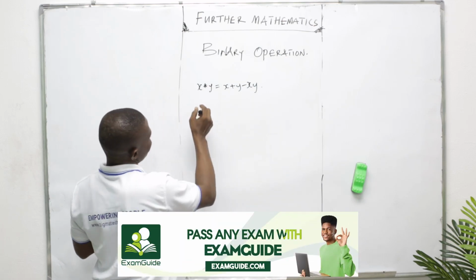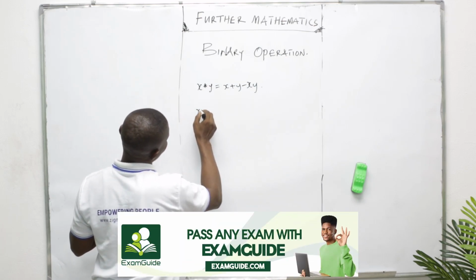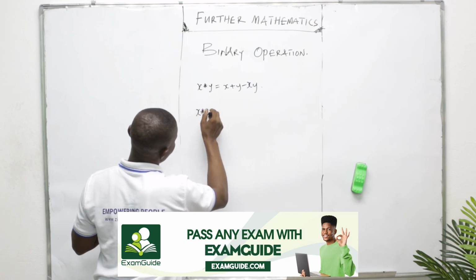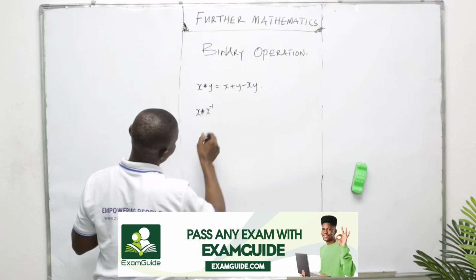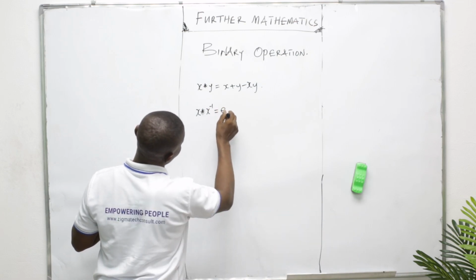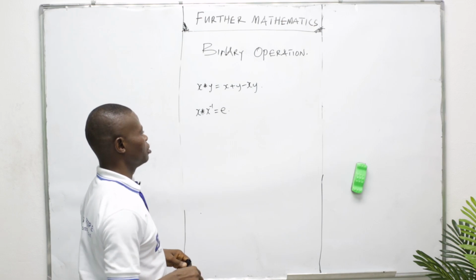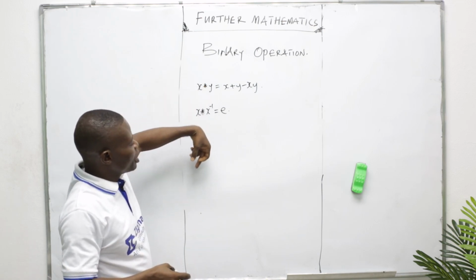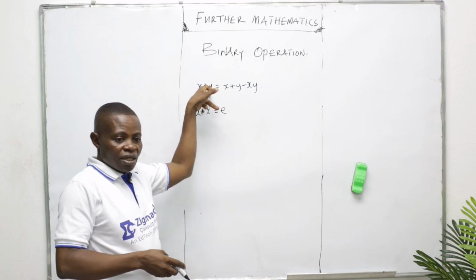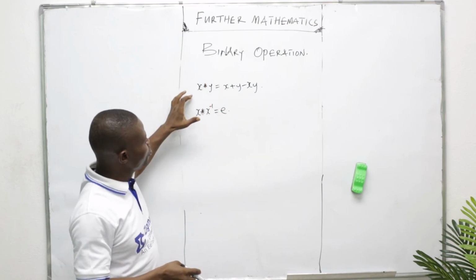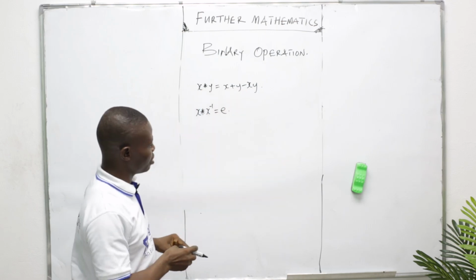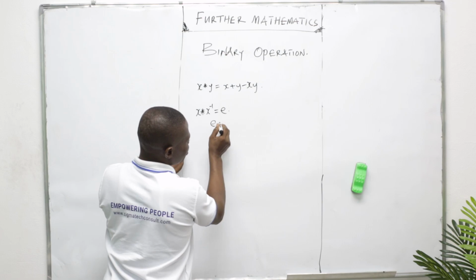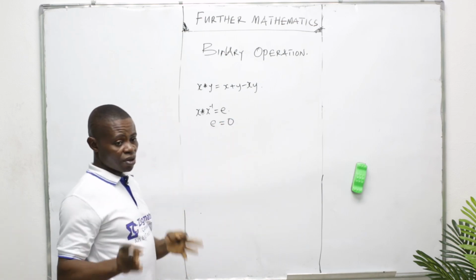So we're going to have x operating on x inverse equals the identity element. The second one, remember, is replacing this y so that you won't be looking for y again. So the identity element e equals 0. It was given to us.